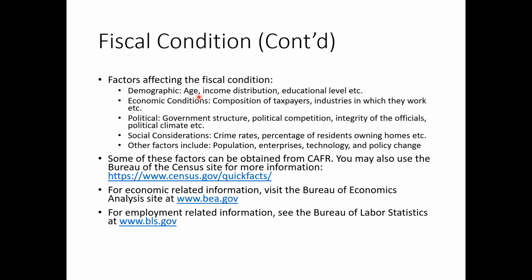If the population is getting older and older, you're going to see that the economy is going down for sure. And income distributions, educational levels, all these are going to affect the government's fiscal conditions.